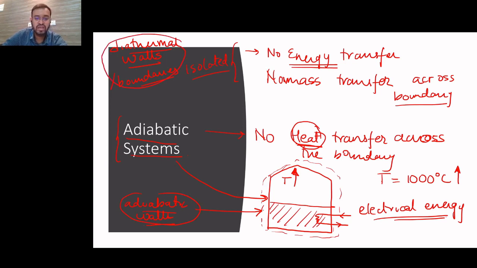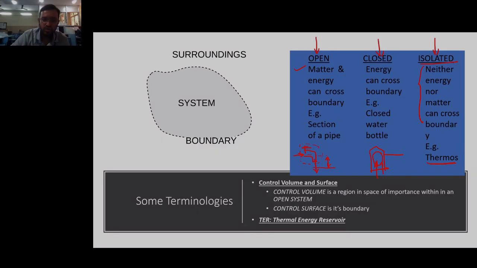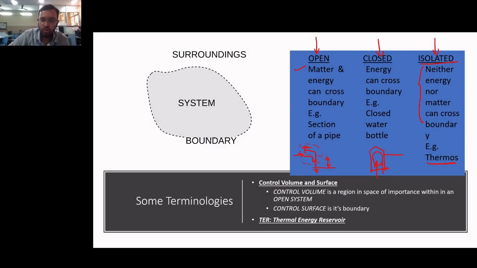Adiabatic walls are in adiabatic systems. Diathermal walls basically allow heat transfer, so they can be in open systems or in closed systems, whichever you're considering. So speaking of open systems, we need to talk about something called control volume.